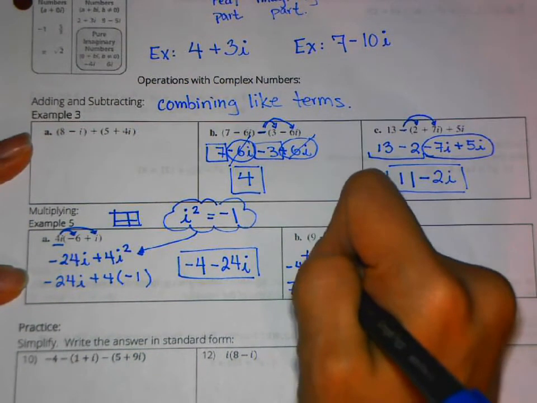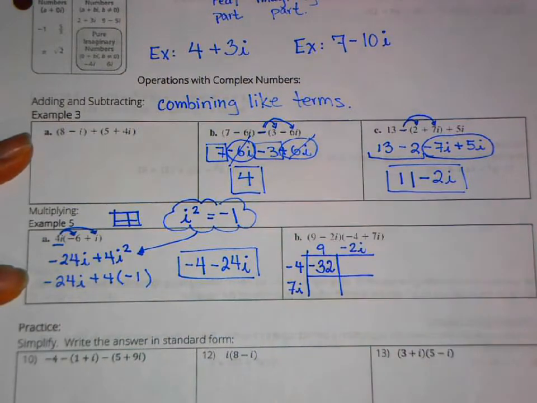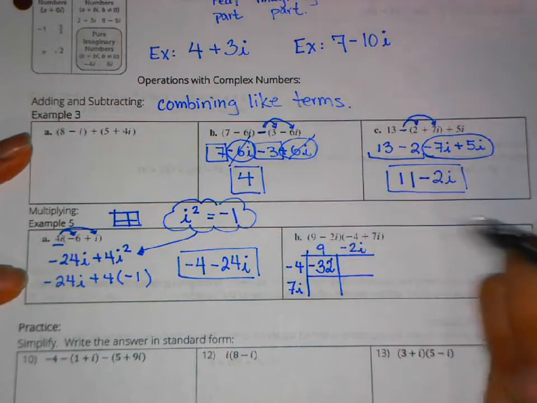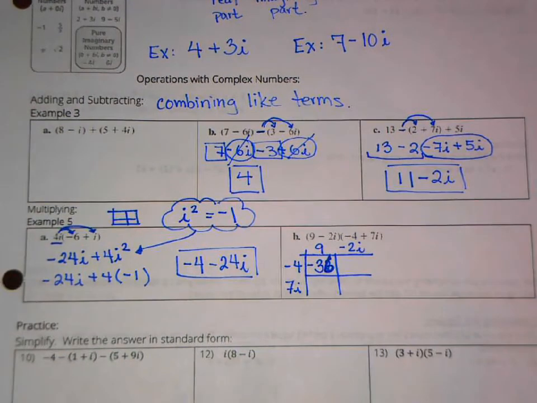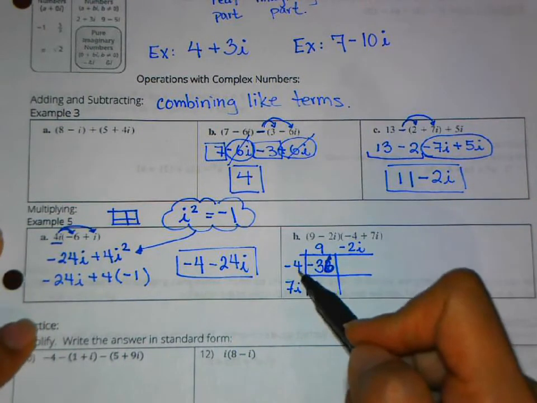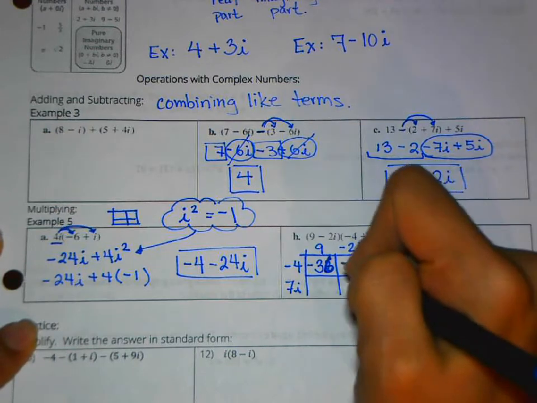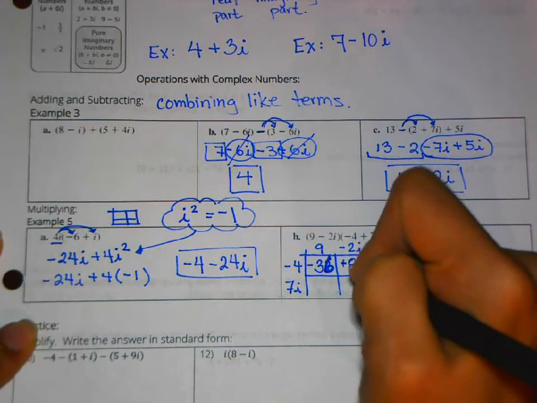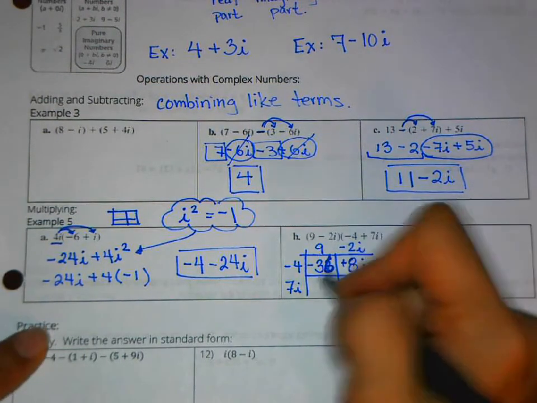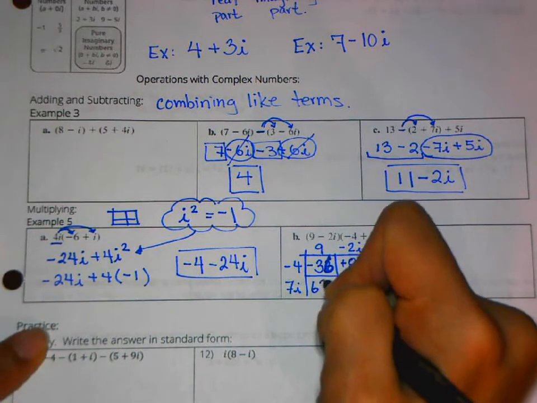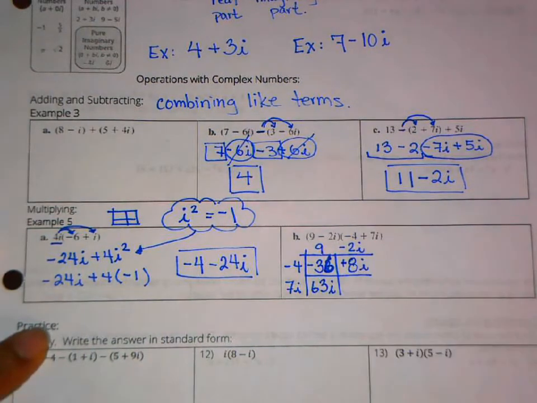9 times negative 4, negative 32. Nope, lie. Negative 36. Sorry. Negative 4 times negative 2i, positive 8i. 9 times 7i, 63i.